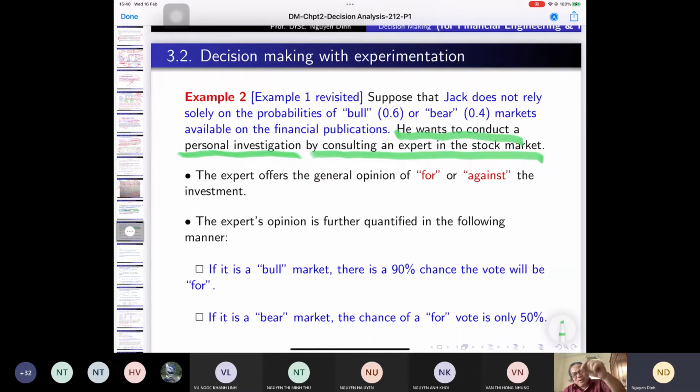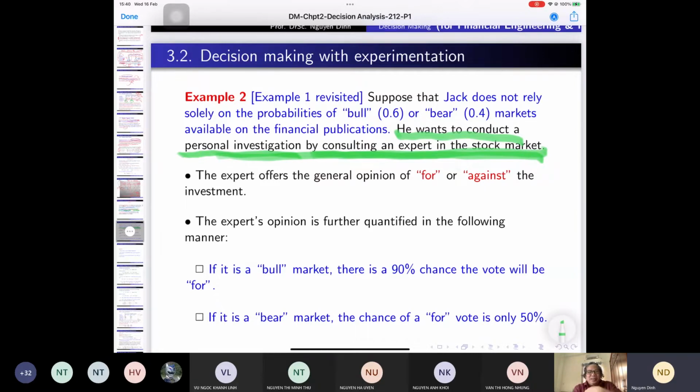That means your decision is better, so you will rarely lose money. So the investigation, which we call the experiment, is this: we conduct a personal investigation by consulting an expert of the stock market.